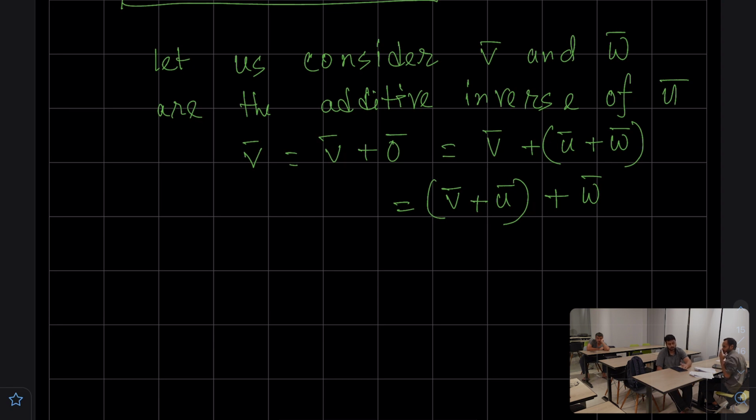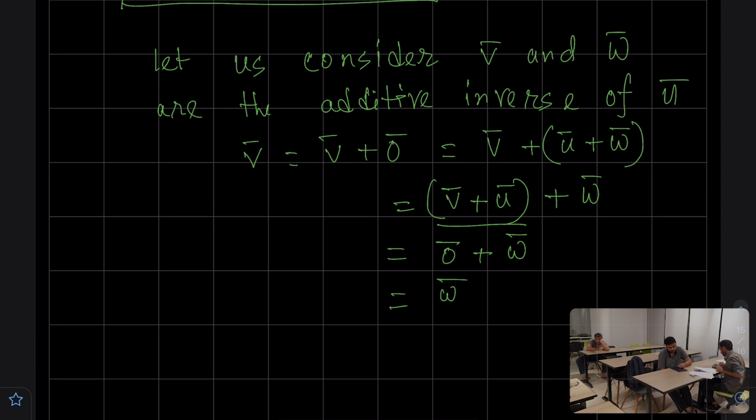Both V and W are additive inverses, we are assuming. But V is also the additive inverse of U, right? Then this is 0 vector plus W vector, and this is W vector.